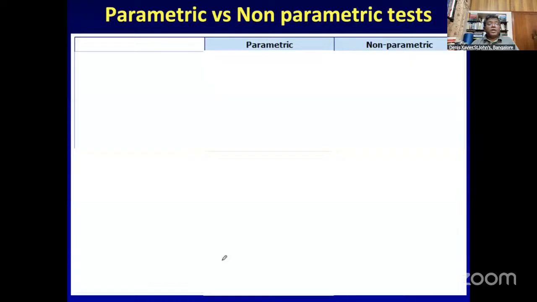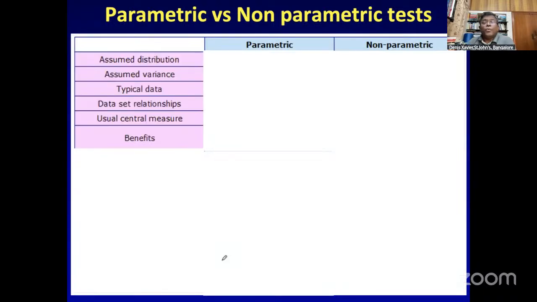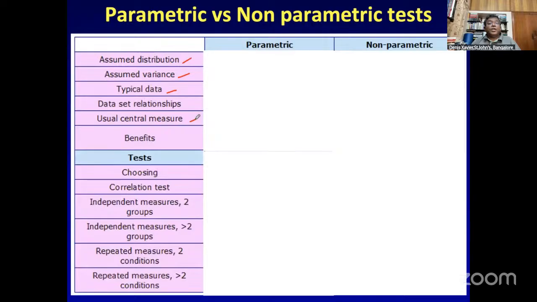Let's now summarize with the difference between parametric and non-parametric tests, and we'll close for today. Now, what is parametric data and what is non-parametric? We look at distribution, we look at variance, the type of data, and the measure of central tendency. At least these we'll focus on, right? And what test for correlation for two groups, more than two groups, independent measures, repeated measures?